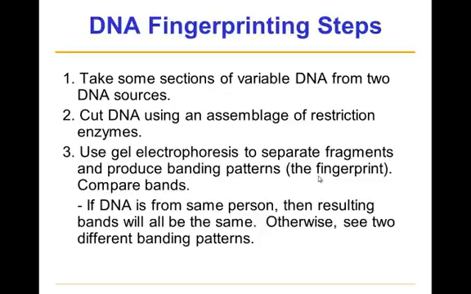In other words, the gel electrophoresis separates the DNA segments, after they were digested with restriction enzymes, by size. And so this produces a unique pattern of bands, because where more DNA fragments end up, you get a band.